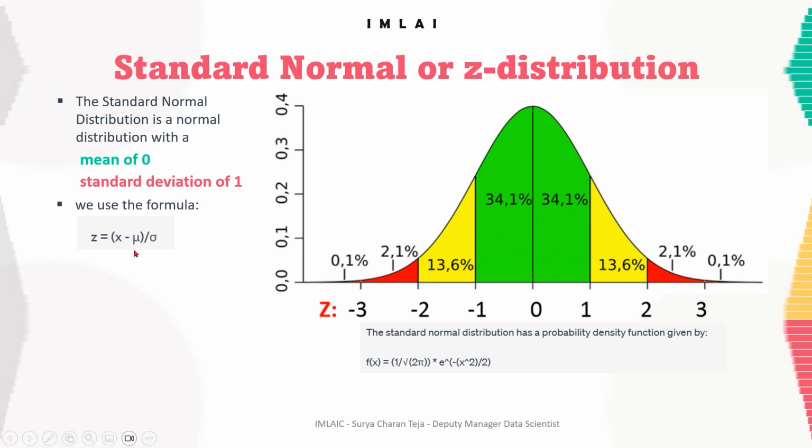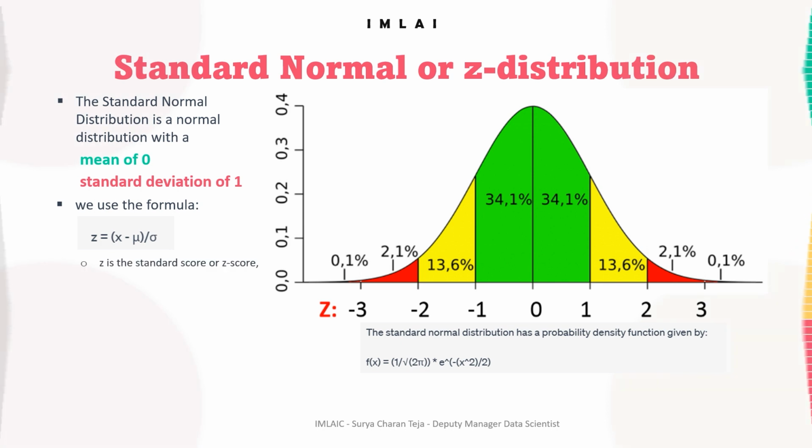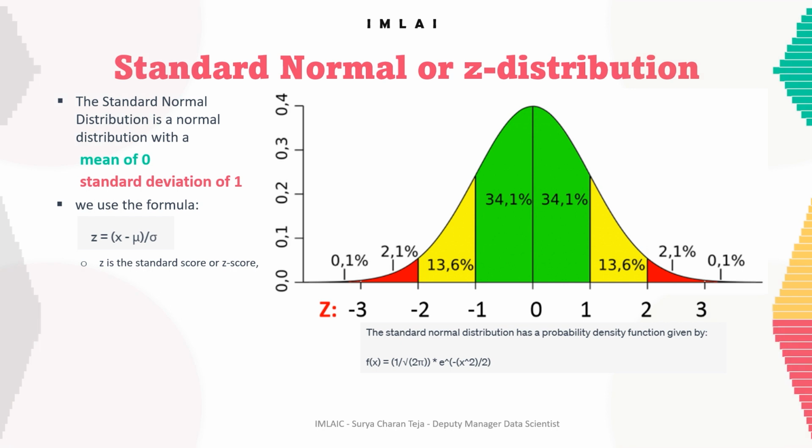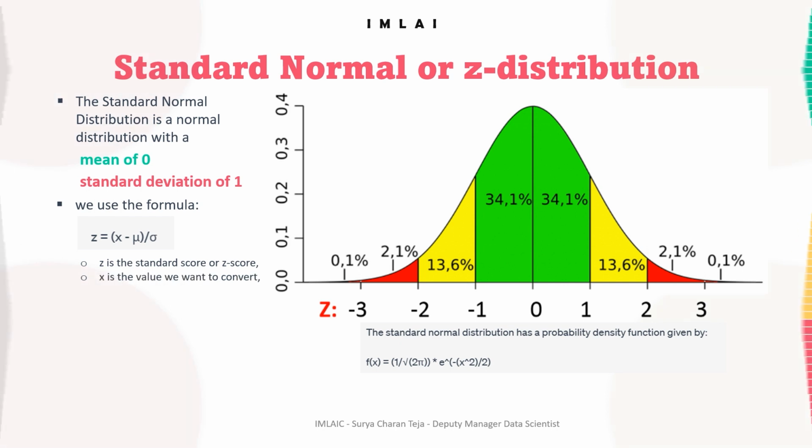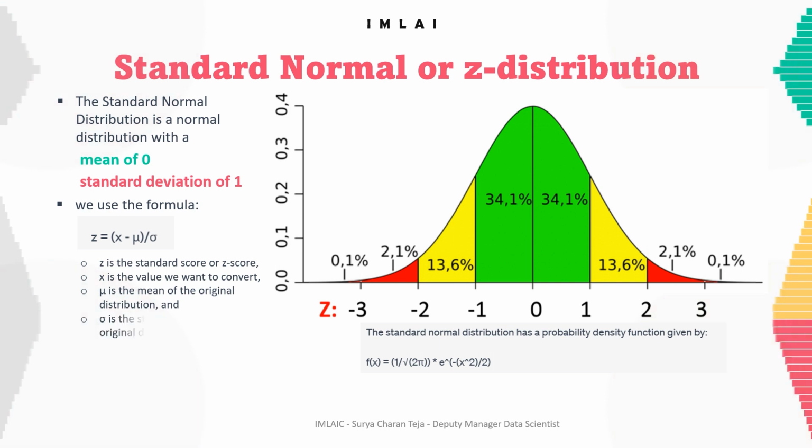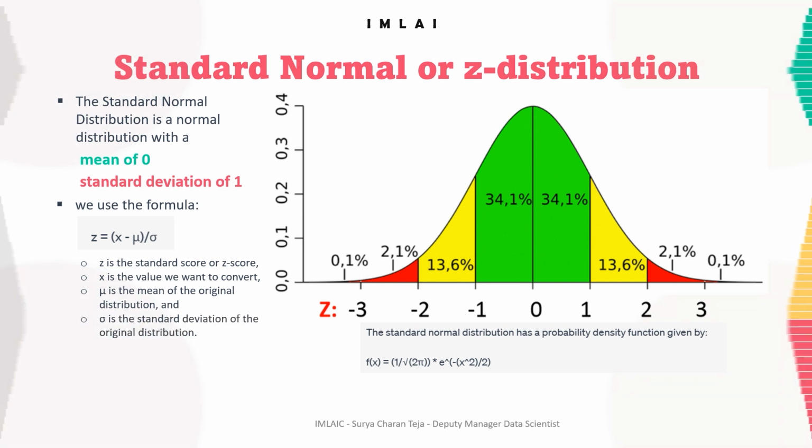Z equals x minus mu, divided by sigma, where Z is the standard score or Z-score, x is the value that we want to convert, mu is the mean of the original distribution, and sigma is the standard deviation of the original distribution.